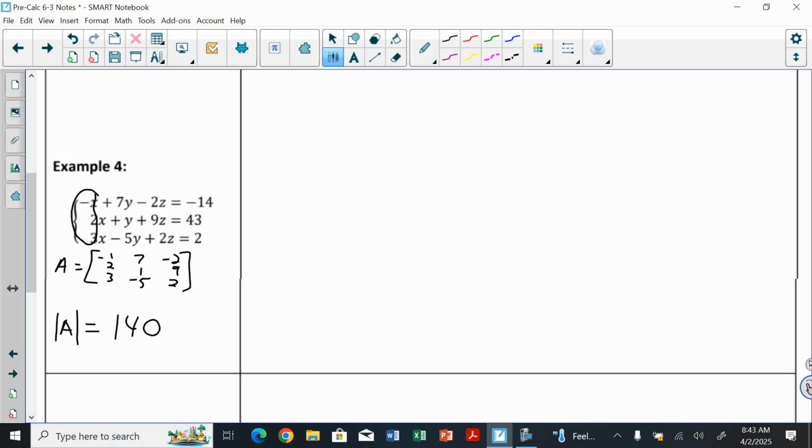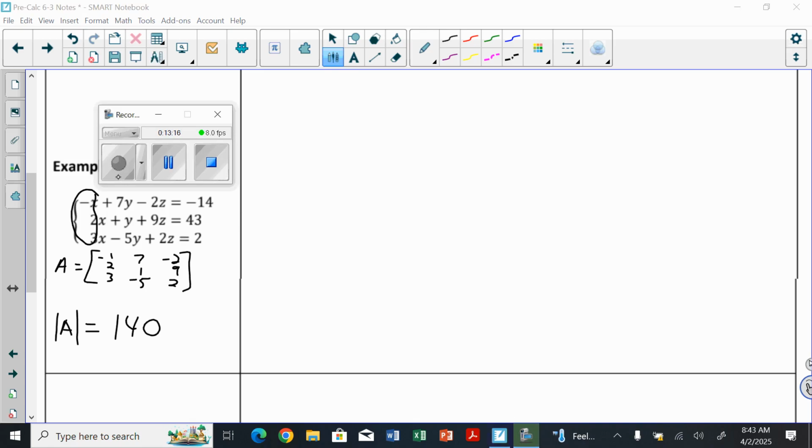Okay, now you can use multiple ways. You now know that there's a way with a graphing calculator. You can also use the 2 other ways that we talked about before, the diagonal method we just showed you, or you can use the other method, the first method we used, which they call expansion by minors.